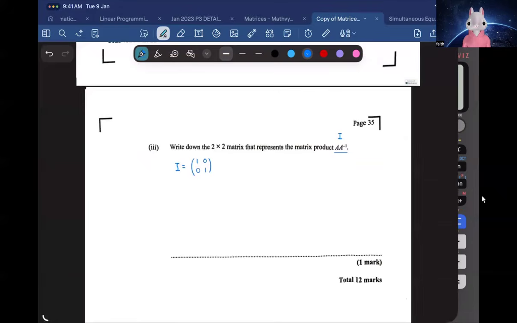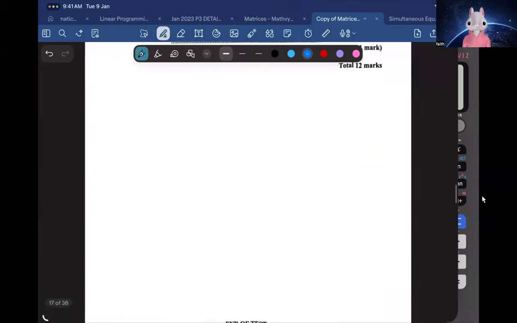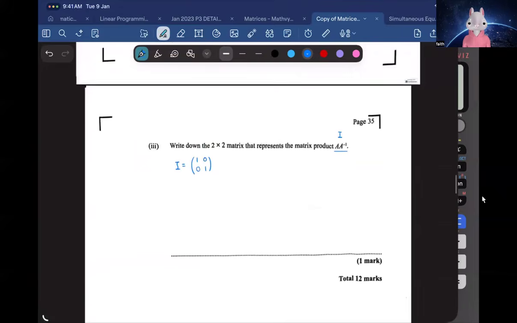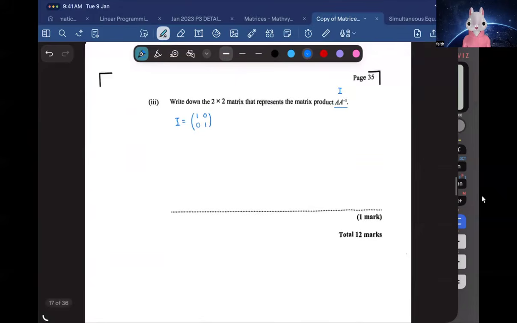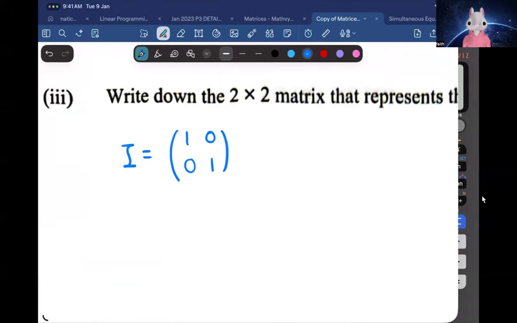Which would give us the same answer. If you multiply anything by this, you get back the same answer. Like if I multiply this by a matrix, say 0 1 5 9, I'll get back 0 1 5 9.